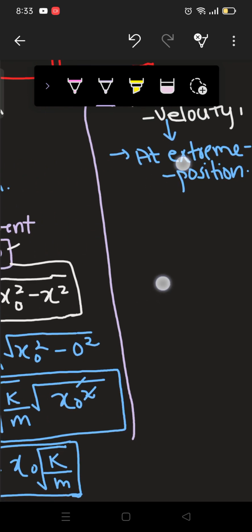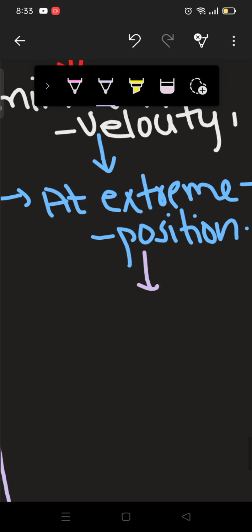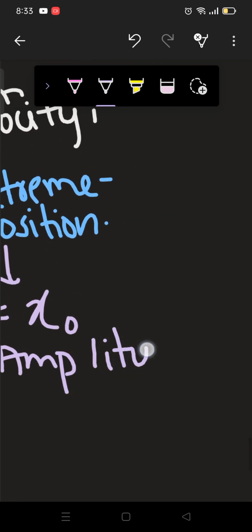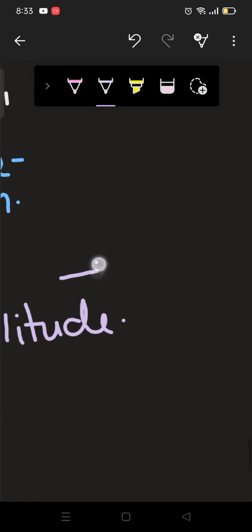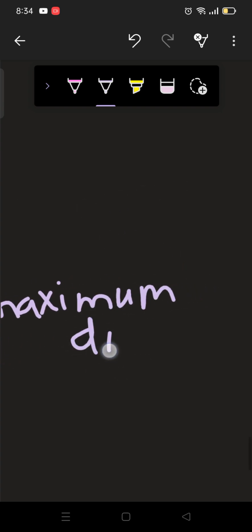Let's write again. Here our displacement x would be equal to x naught, which you can say is the amplitude, right? Here you will have your maximum displacement. At the extreme position you are going to have your maximum displacement, minimum velocity, and maximum acceleration too, right?